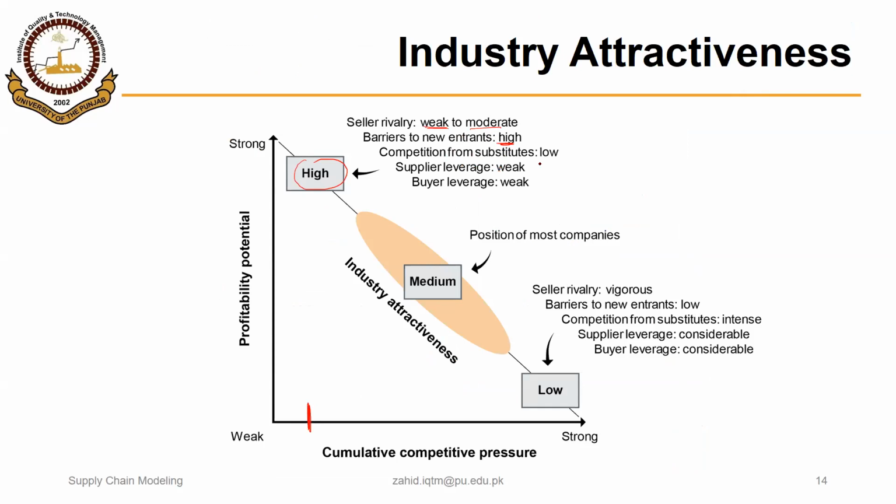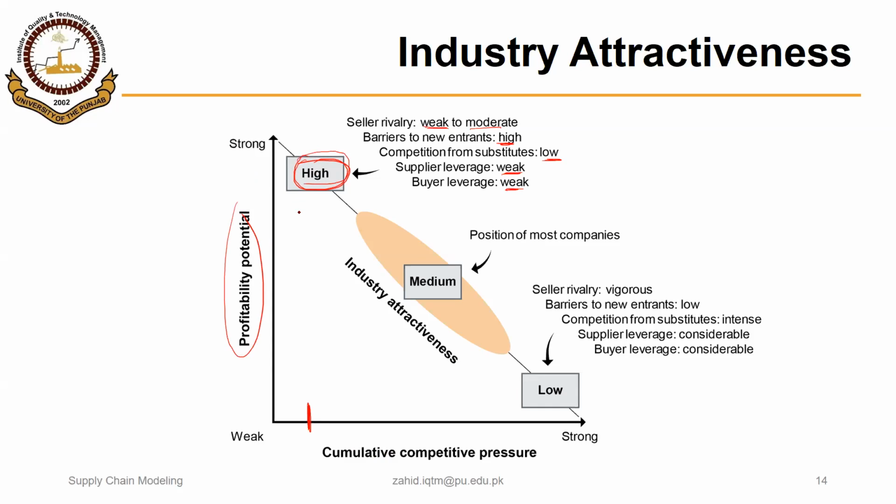Competition from substitutes is low. No substitute products or services are available. Suppliers' power is weak. The same goes for buyers' power. So this organization is enjoying a very favorable situation where competitive pressure is low and profitability potential is high.